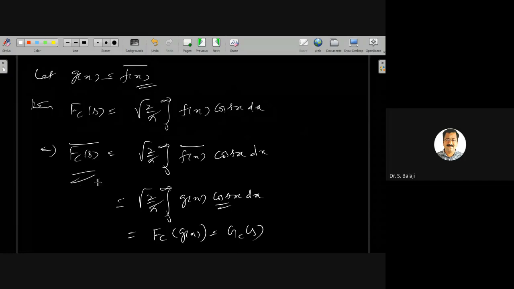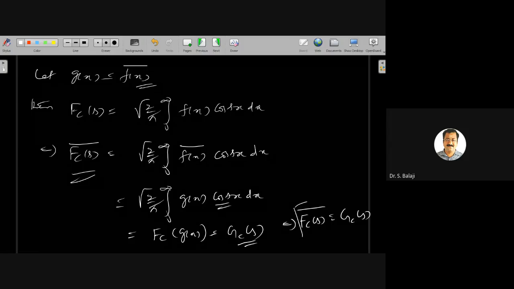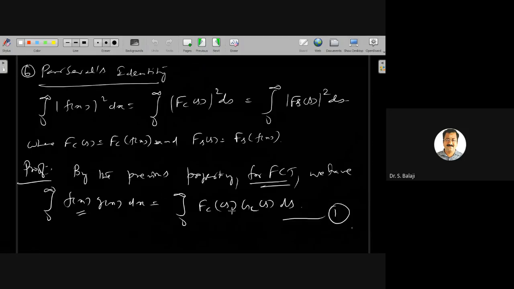Now we have fc(s) equal to gc(s), which implies fc(s) whole bar equals gc(s). So you have taken g(x) equal to f(x) whole bar, then you prove that gc(s) can be written as fc(s) whole bar.